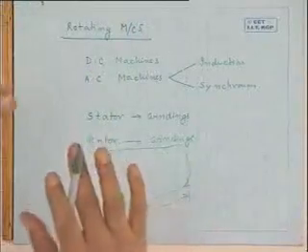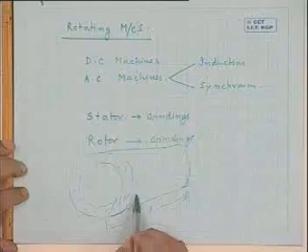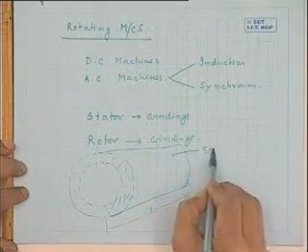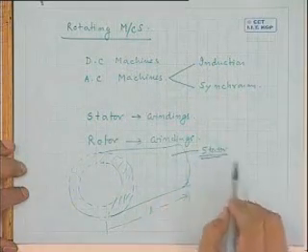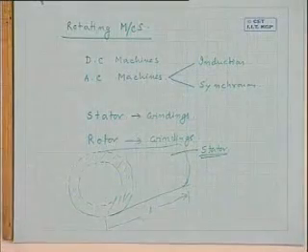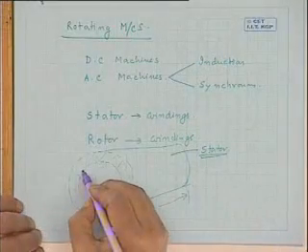Inside it is hollow, and this rim, the thickness of this cylinder, is made of iron. This structure, which is the outer part of the machine, is generally the stator, which is fixed.